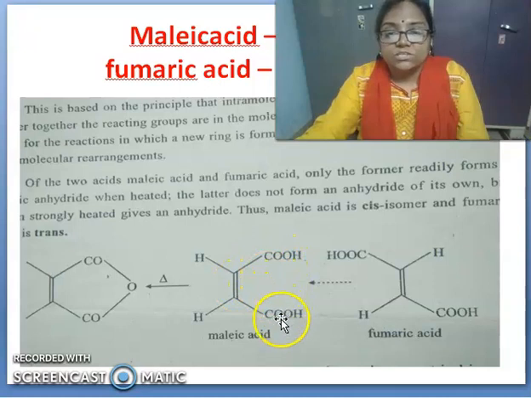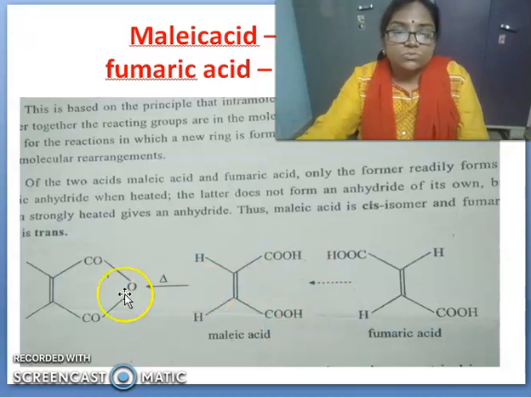So some intramolecular reactions can occur here. There may be elimination of one molecule of water, giving rise to maleic anhydride. So maleic anhydride is easily formed from the cis isomer.